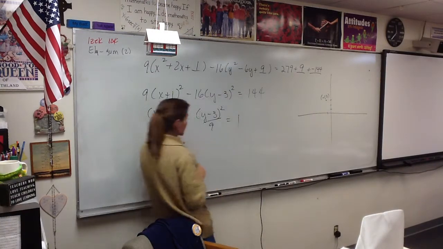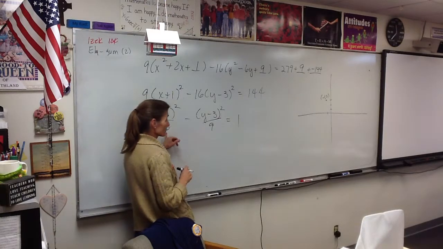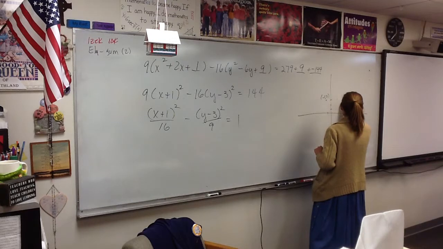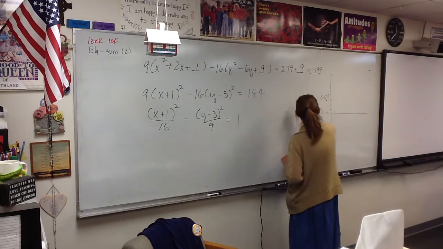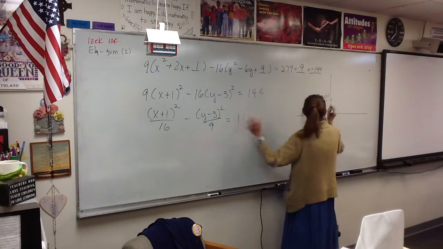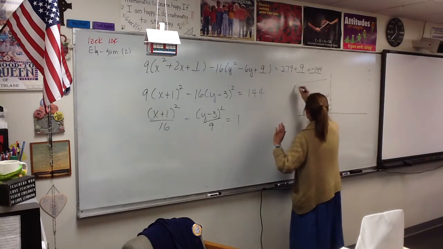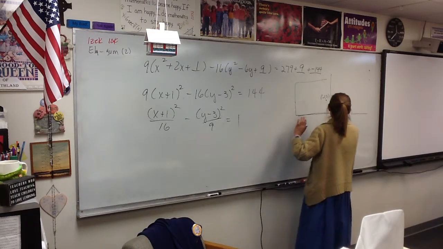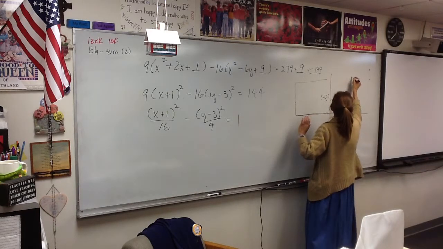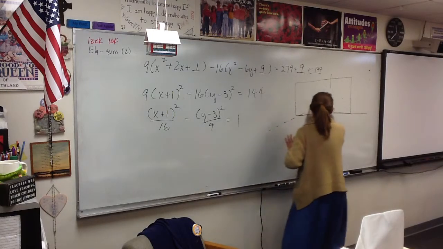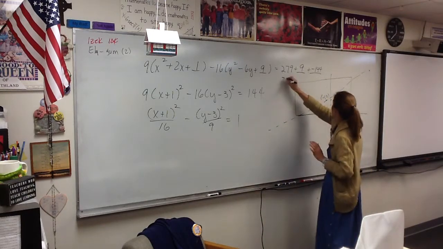So, what does the 16 tell me? 4 to the side, so 1, 2, 3, 4, 1, 2, 3, 4 this way. And the 9 tells me up and down 3. So I'm going to go ahead and build my box, and put in my diagonals.